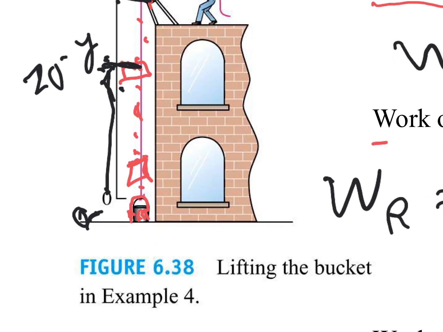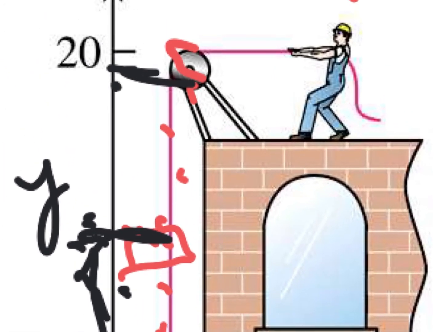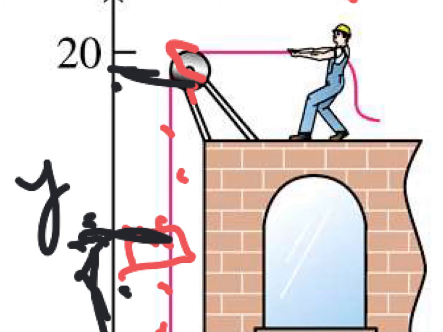Remember, the little slice of rope, dy, is in the calculation because when we're doing it in little pieces, we're talking about this slice of rope moving up to the top. And there's a million, zillion slices in here.